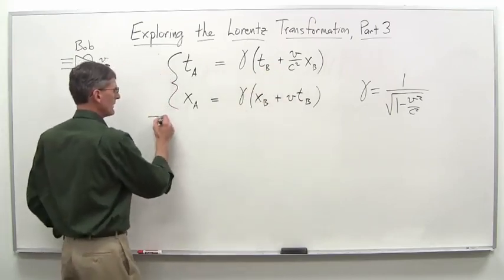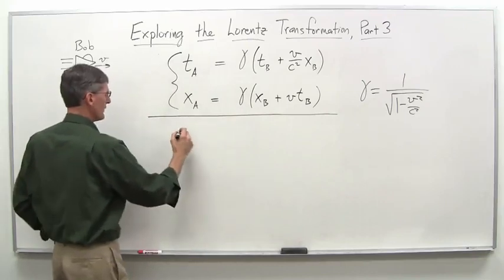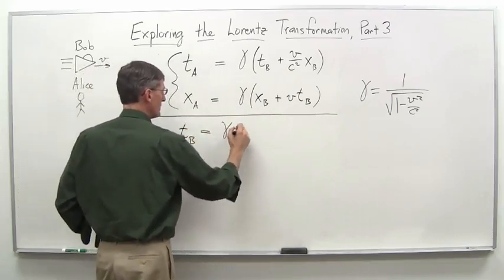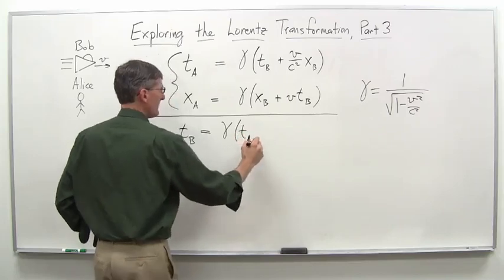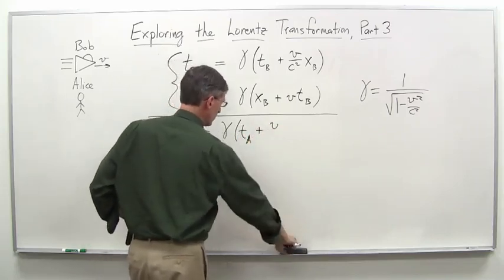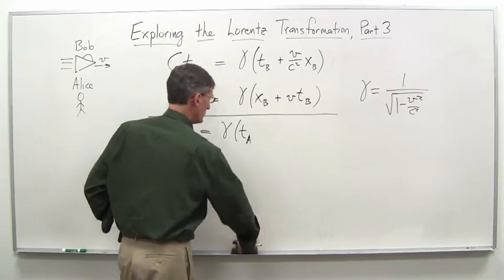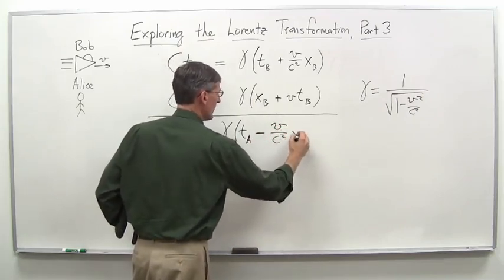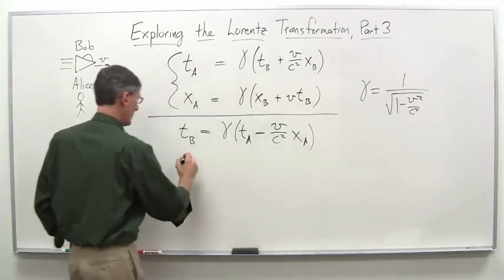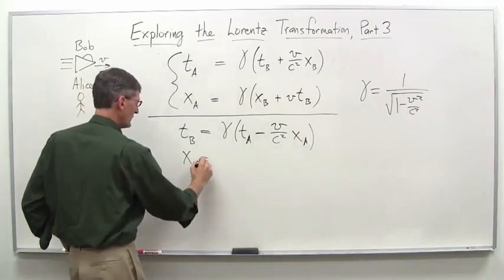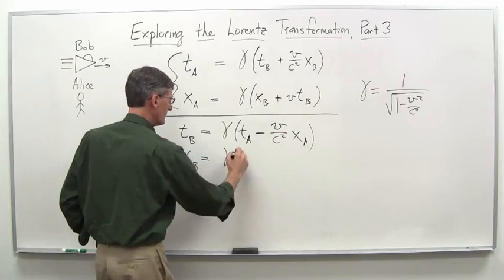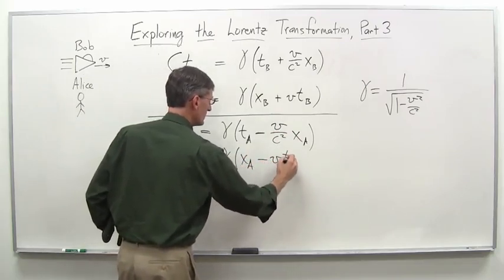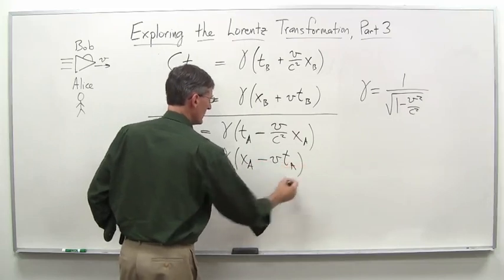So we can write it like this. From Bob's perspective, TB for Bob is gamma times (TA minus v over c squared times xA), and xB for Bob is gamma times (xA minus v tA), like that.